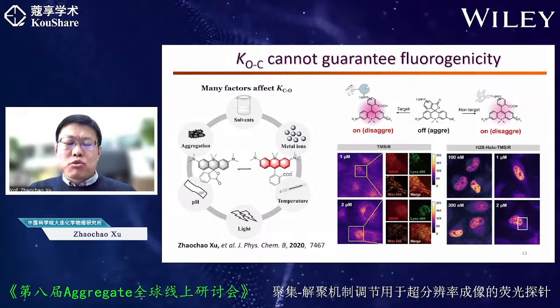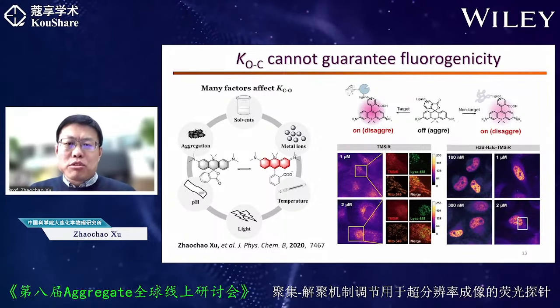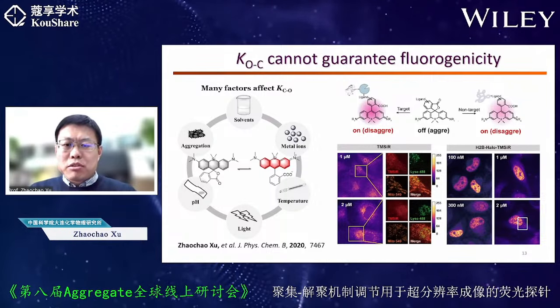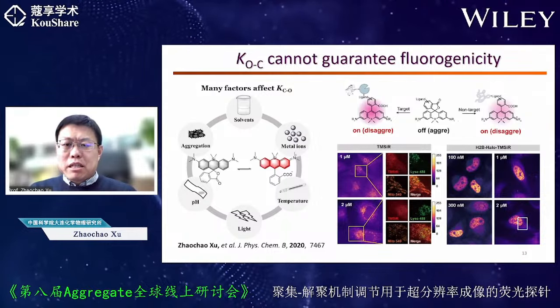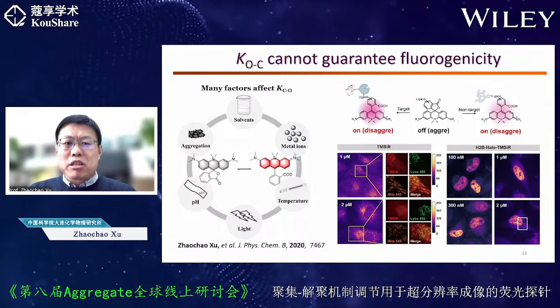At a low concentration of silicon rhodamine, there are hardly any noticeable false signals. However, when increasing the dye concentration, besides the nucleus, you can see a significant amount of fluorescent signals also observed on the mitochondria.